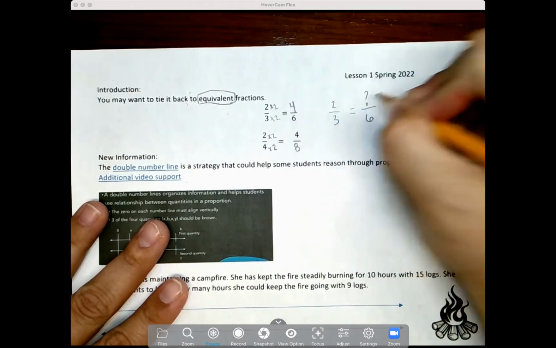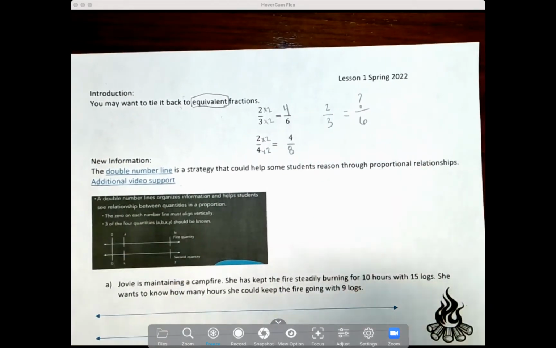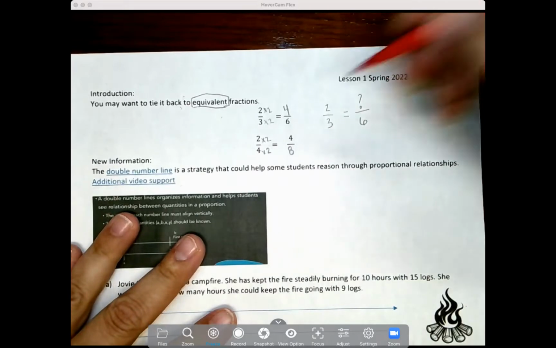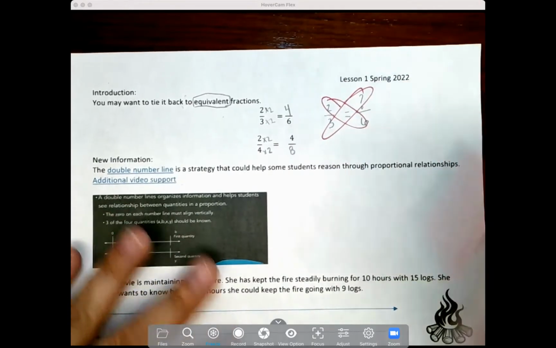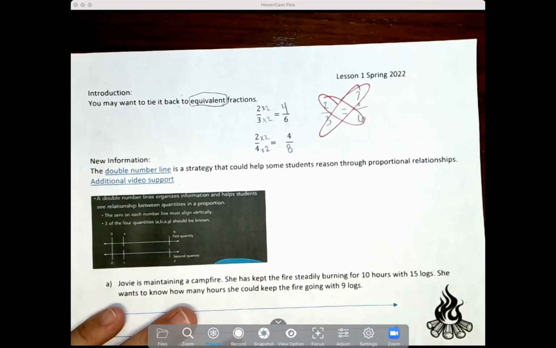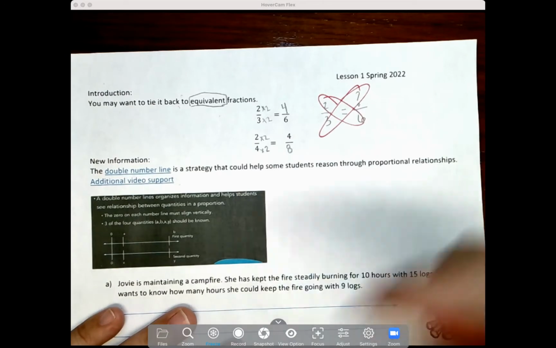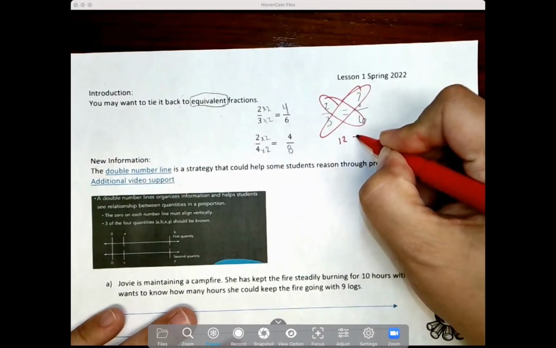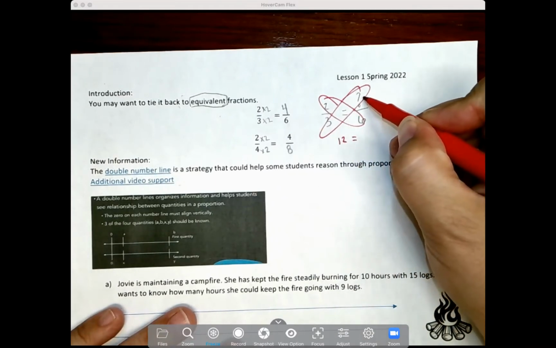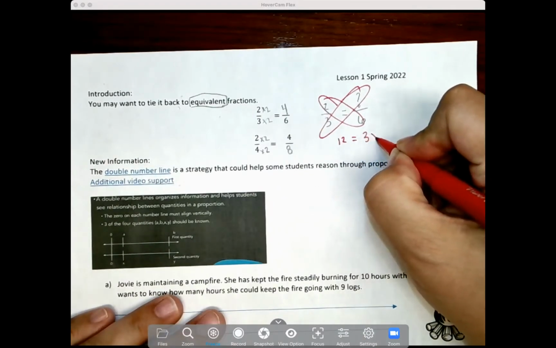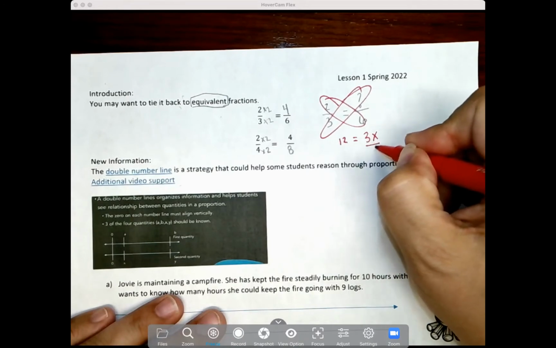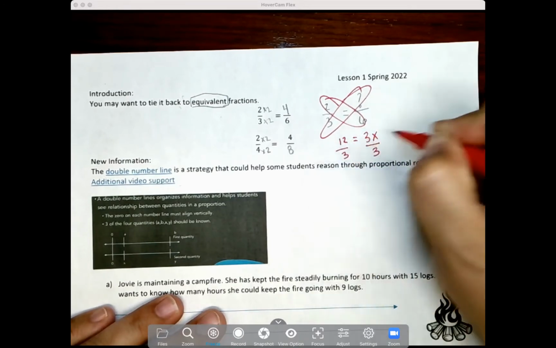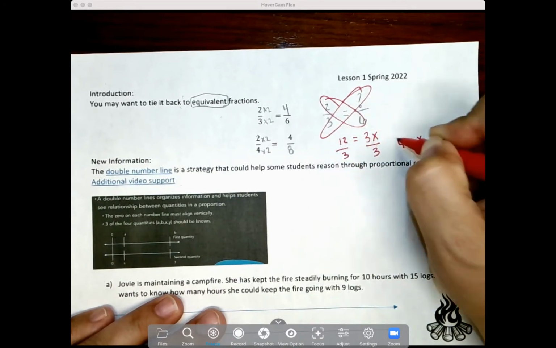In the butterfly method, what I often saw when I was in the classroom was students would circle real quick and make this X or butterfly, and they would have no clue what to do with it. In reality, what they were supposed to do was 6 times 2 is 12, and 3 times x or question mark would be 3x. Then they would have to divide, and they would get 4 equals x.